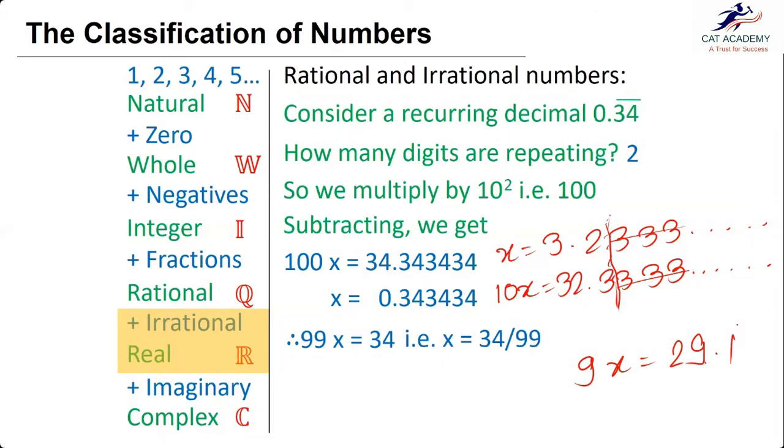Correct? 29.1 will be the difference. So x will become 29.1 upon 9. So in case you want to convert it into integer by integer format, then you can write it as 291 upon 90. Understood? Clear, everyone?